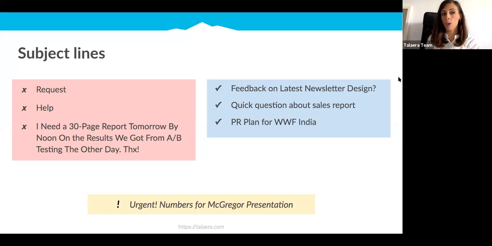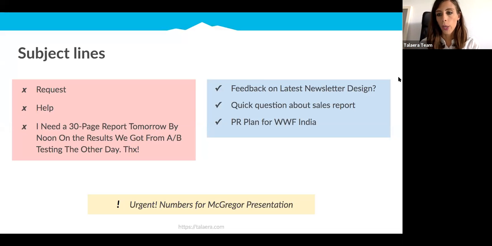So how do you write good subject lines that people actually want to open? Well, take a few keywords, and the most important ones would go at the beginning. Write them first. What is your email about? For example, feedback on latest newsletter design. You know exactly what you're expecting from that email.